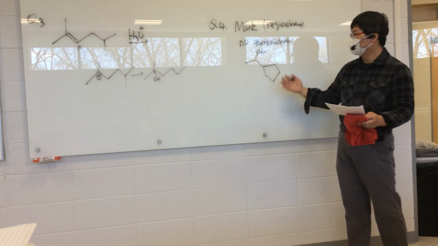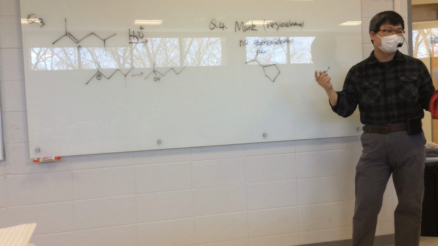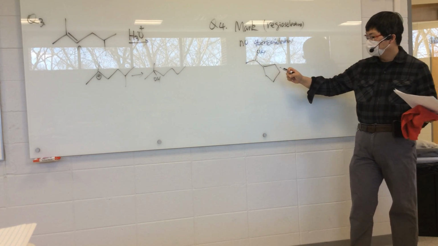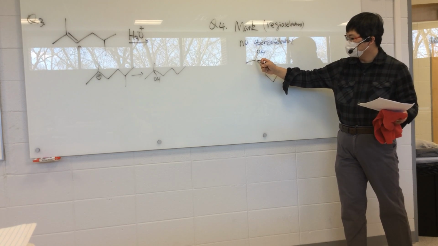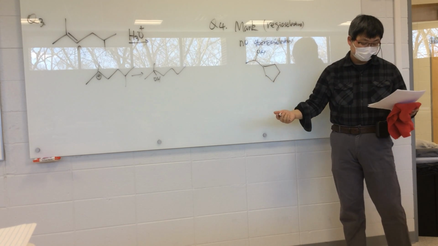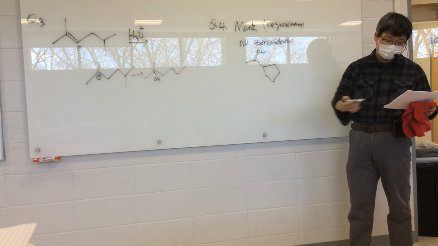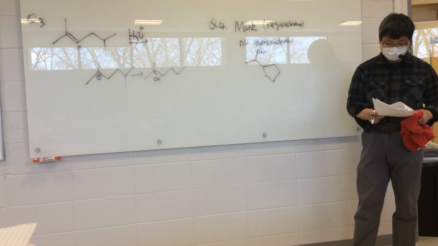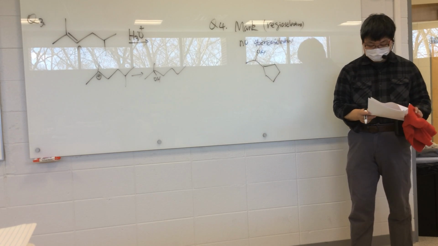And then there's no stereoselectivity, meaning we have both. Here, you see that this carbon is chiral. There are two possibilities, so it should be a pair of enantiomers. So the answer should be B.